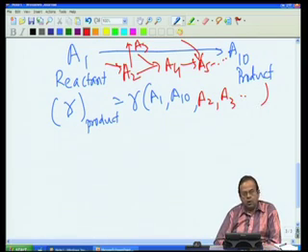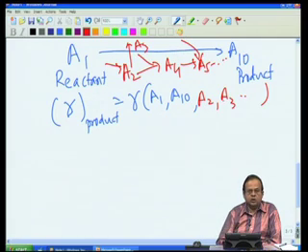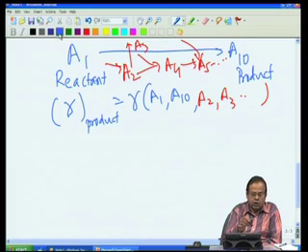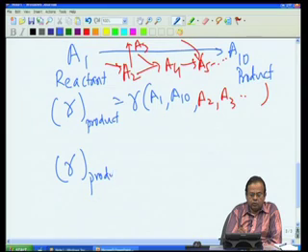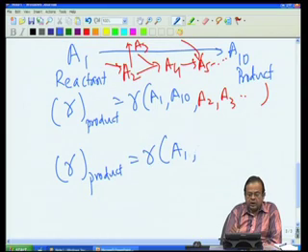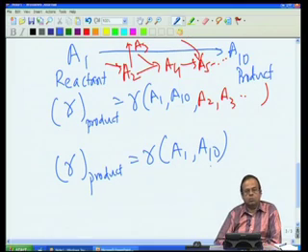But I am not able to measure these intermediates A2, A3, A4 and so on. So, what is my objective? My objective is to express this rate of product formation in terms of things that I can measure, A1, A10 and so on. That means I want to eliminate all these A2, A3, A4 from my rate expression.